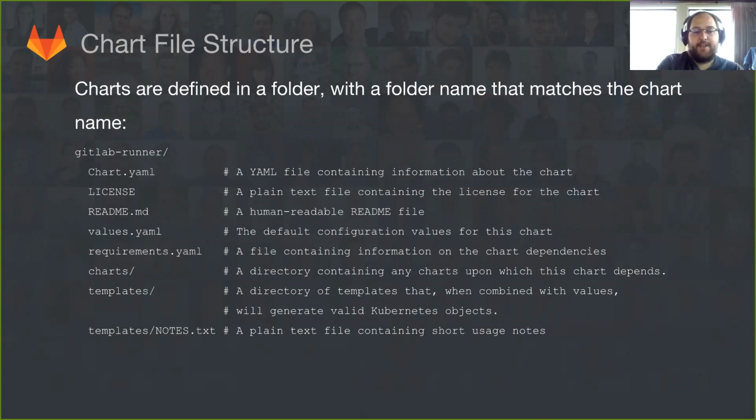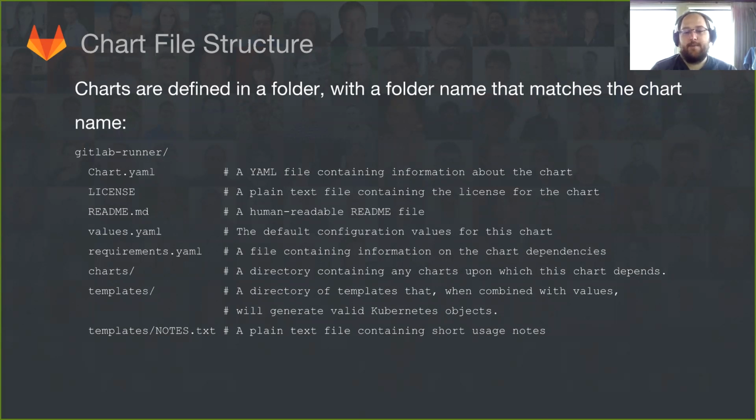There's a templates directory, which contains the different Kubernetes templates, like the Kubernetes templates we were talking about before, but within them, they have Mustache templates as well that Go will process before installing into the chart.